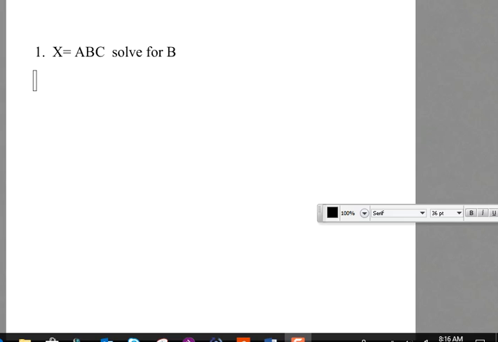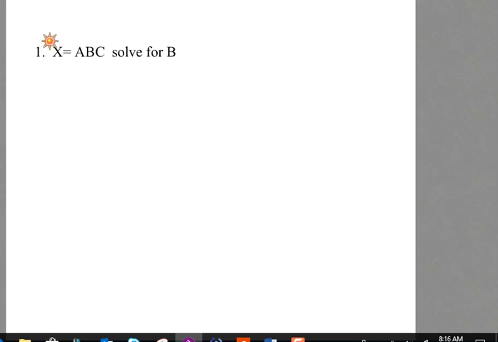Okay, so for this first problem, we have x equals a times b times c. Whenever there are 2 variables right next to each other or 3 variables right next to each other, that is implied multiplication.